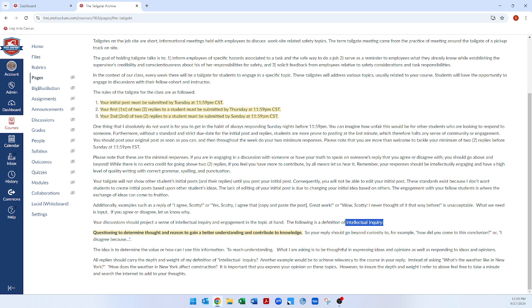A brief definition is questioning to determine thought and reason to gain a better understanding and contribute to knowledge. So you need to go beyond. Why did you say that? What do you mean by that?